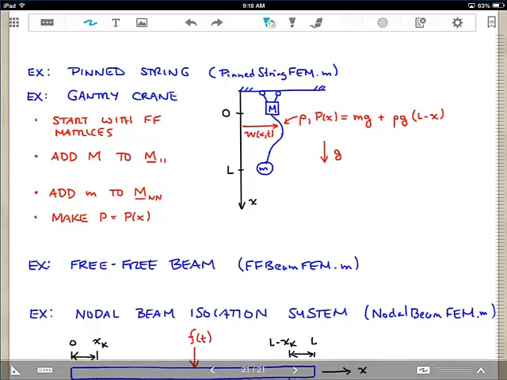In this problem, there's a delta function at x equals 0 and a delta function at x equals L. At x equals 0, there's additional mass capital M. At x equals L, there's the additional mass small m. And the other thing we have to do from the pinned string case is make p a function of x, so we have to use this expression for p of x.